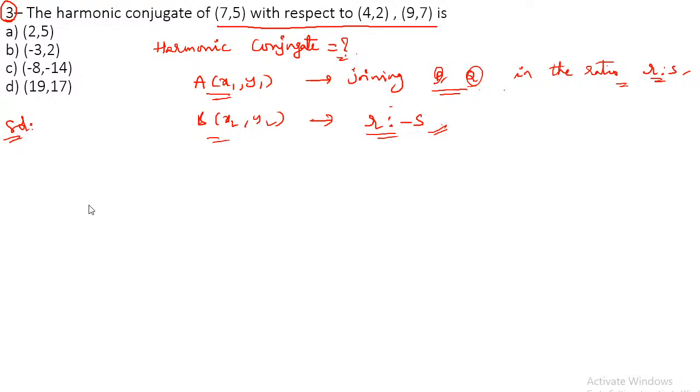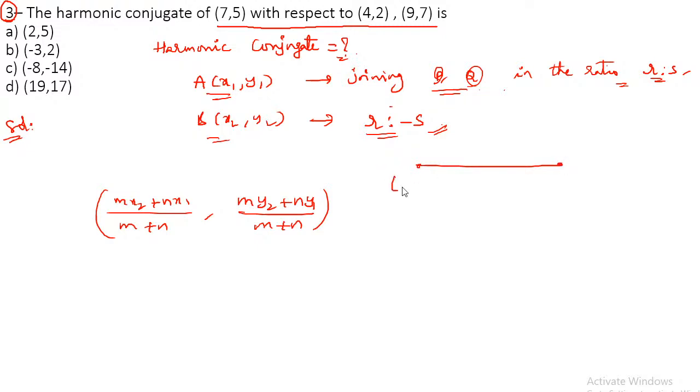The formula here is (mx2 plus nx1) by (m plus n) comma (my2 plus ny1) by (m plus n). The points are 4 comma 2 and 9 comma 7. Let us find the ratio in which 7 comma 5 divides 4 comma 2 and 9 comma 7.